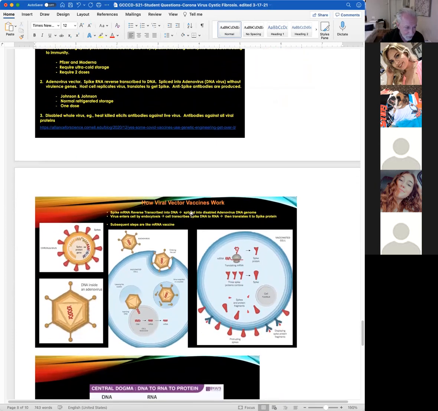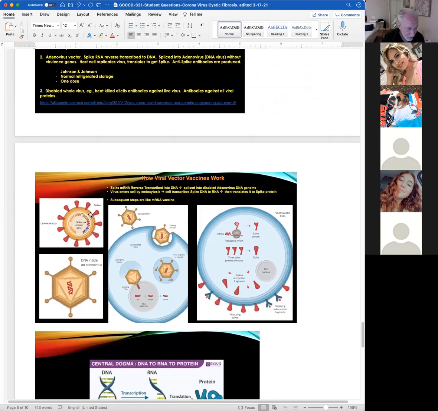So how does a viral vector vaccine work? Start again with the virus particle. Again, this little piece of RNA encodes a spike protein, and you'd like to get that into an adenovirus vector. Well, adenovirus is a DNA virus, and you can't put RNA into a DNA vector.